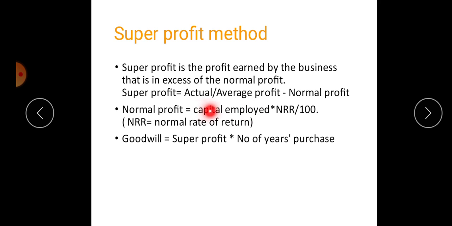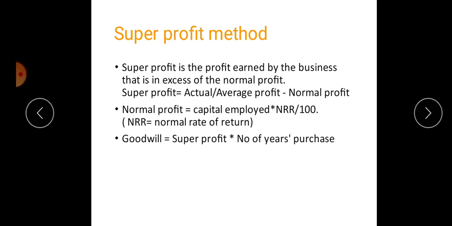I am repeating, capital employed can be calculated using the first method, total assets minus total external liabilities, or from the liability side, capital plus reserves. Capital employed will be mentioned in the question, and as the question comes we will discuss this in detail. So normal profit is calculated by multiplying normal rate of return with the amount of capital employed.